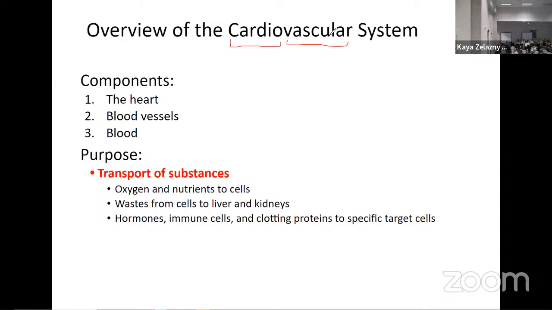It's also taking our waste products from the cells where they are produced to the cells that eliminate them, like the liver and the kidneys. It's also transporting hormones around your body so that we can get to different organs, moving immune cells around. It's moving clotting proteins to places where you've got cuts and you need to block blood vessels so you don't bleed out. So it's doing lots of important things for you.